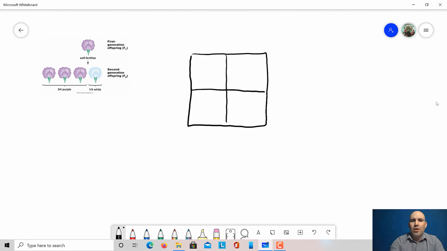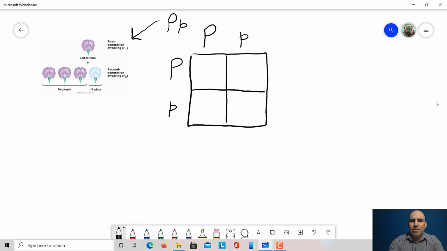Okay, so we know that the offspring of those two plants was heterozygous because it had a parent that was homozygous dominant purple and a parent that was homozygous recessive white. And so the alleles that this plant is going to use in its gametes are going to be dominant purple, recessive white, also dominant purple and recessive white.